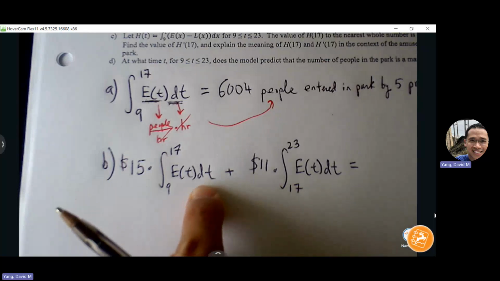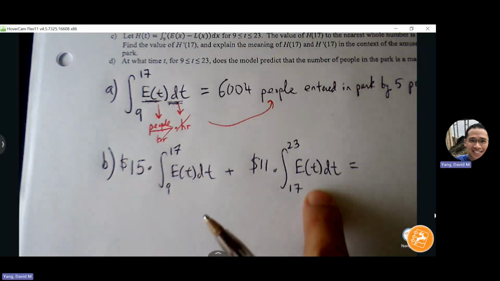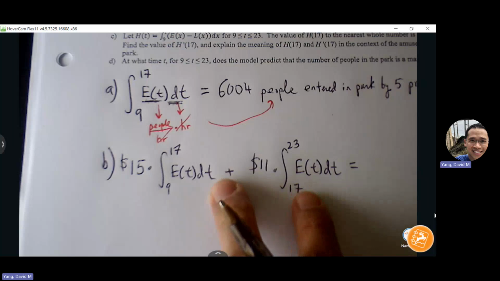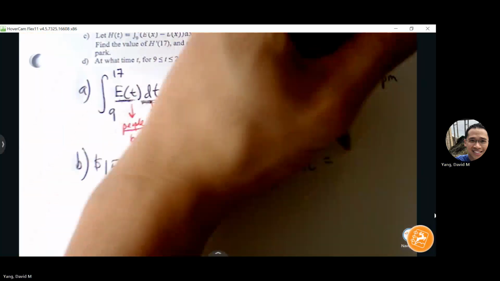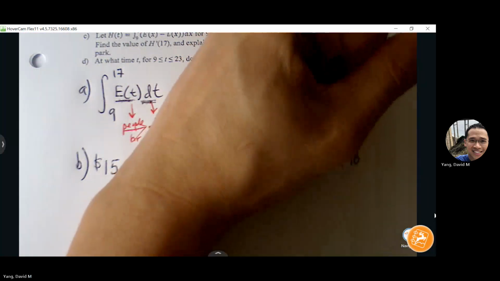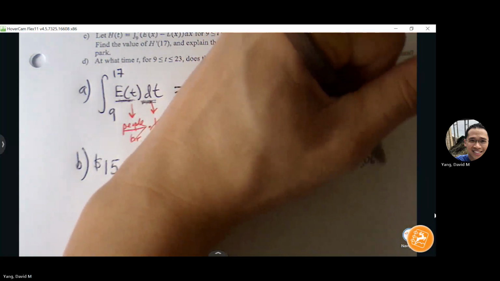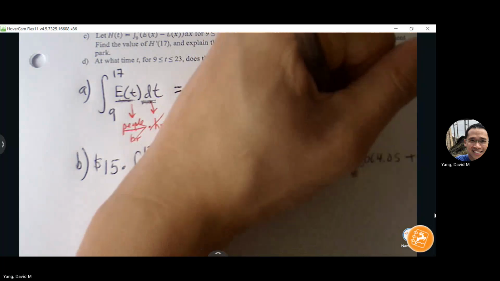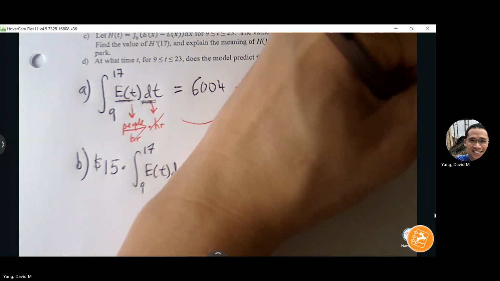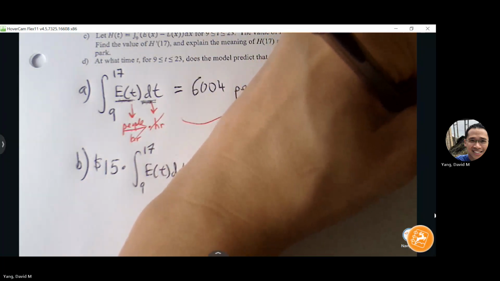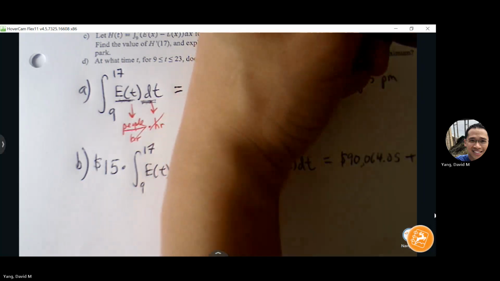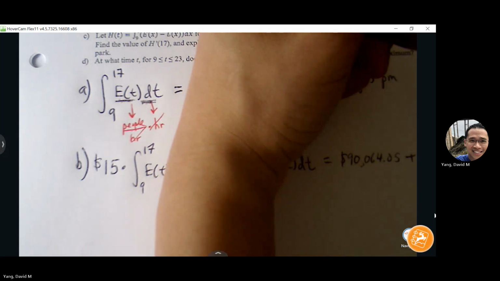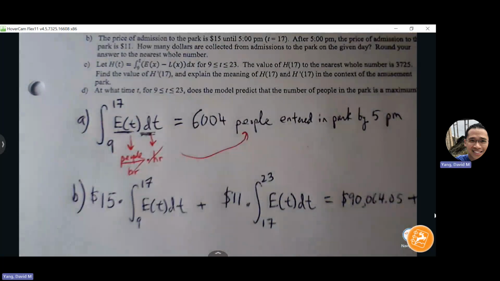So this is basically 6,004 times 15. We can figure out what that number is, multiply that by 11, and then enter this in.